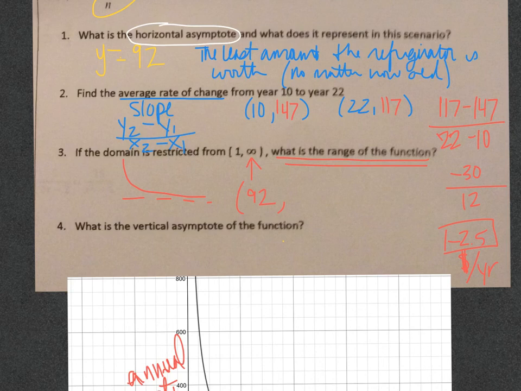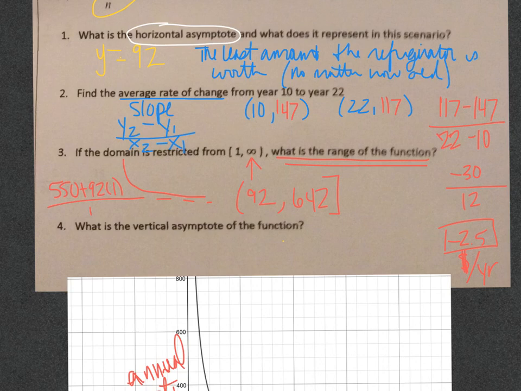So I need to plug 1 into the function and see what my new y value is going to be. If you do 550 plus 92 times 1 over 1, that gives you 642. So your range would be 92 to 642, because those are the y values that go with those x values.